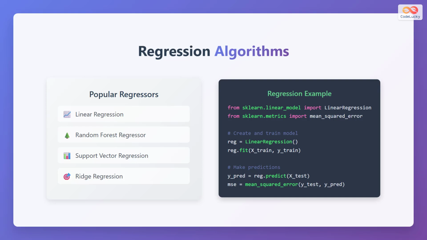Support vector regression extends the SVM concept to continuous outcomes by finding a function that approximates the relationship between features and targets. Ridge regression adds regularization to linear regression to prevent overfitting by penalizing large coefficients. The code example demonstrates creating a linear regression model, training it with the fit method, making predictions, and evaluating performance using mean squared error.